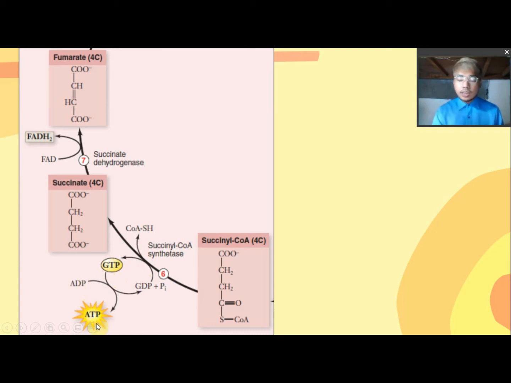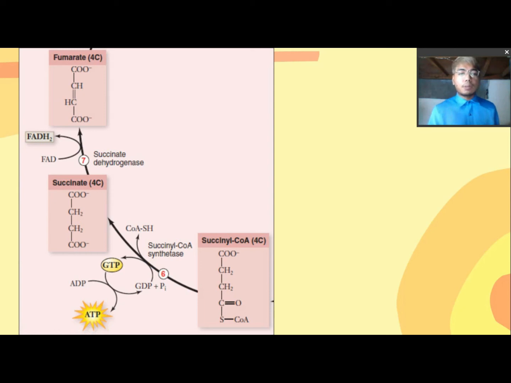That is the reason why it is known as substrate level phosphorylation, because a lot of things are happening on that certain type of enzyme. Succinyl coenzyme A synthetase is responsible for the creation of adenosine triphosphate with the presence of the intermediate guanosine diphosphate and guanosine triphosphate. Okay, and coenzyme A will be released, creating a new substance known as succinate.